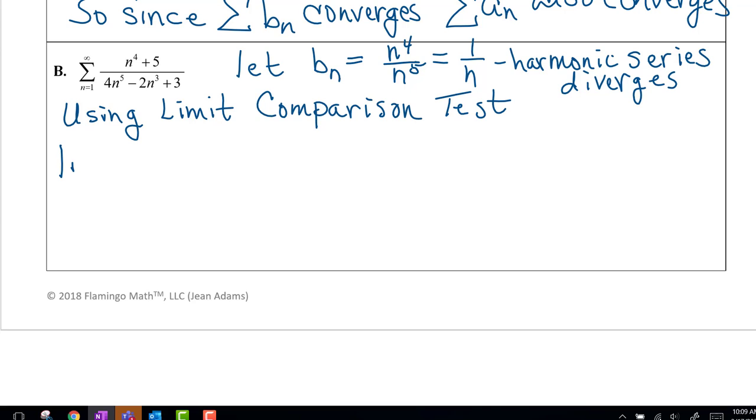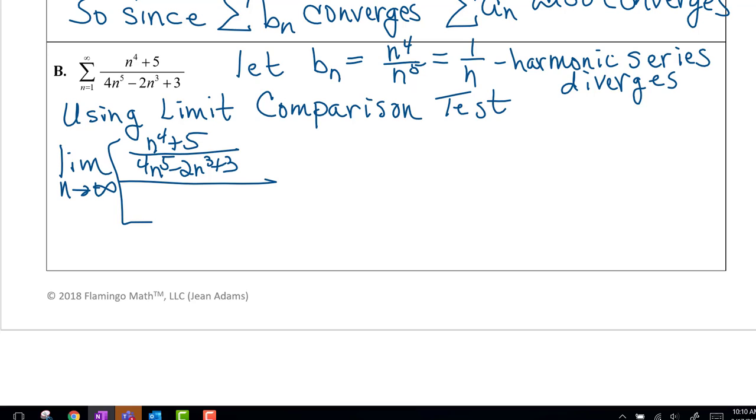we're going to take the limit as n approaches infinity of our unknown series' nth term, and we're going to divide that by our harmonic series. We're going to simplify that.